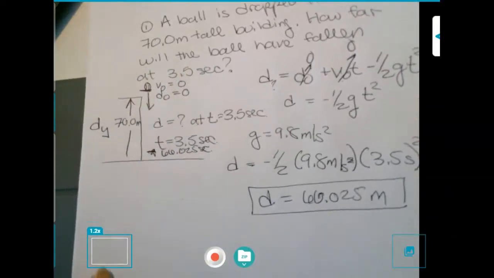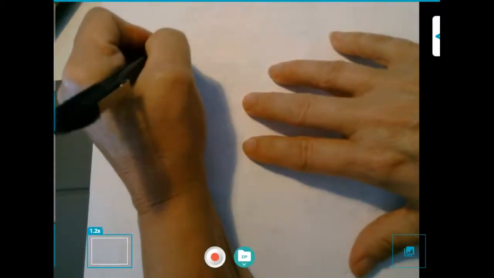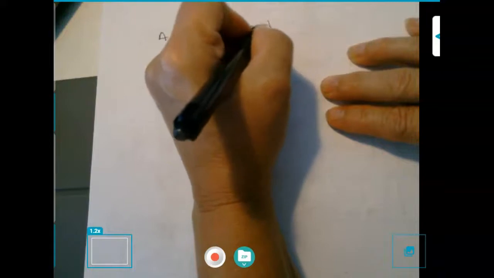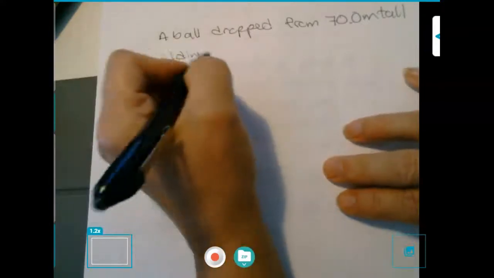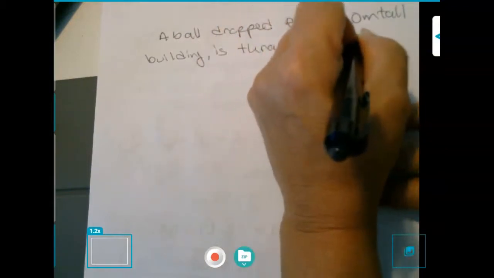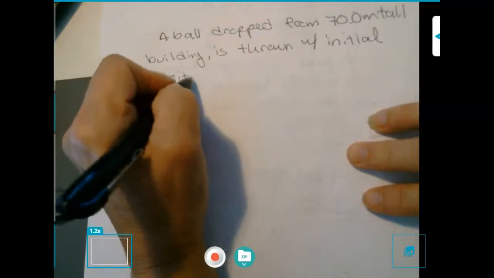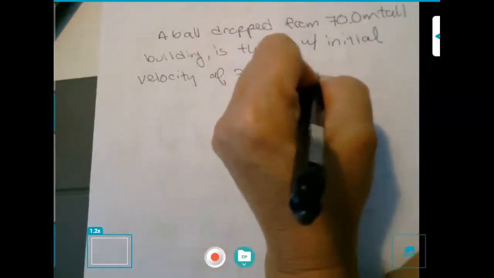Now let's look at it if we actually used some velocity. So for the next problem, the ball is dropped from the same building, the 70-meter tall building, but it's thrown with an initial velocity of 3 meters per second downward.